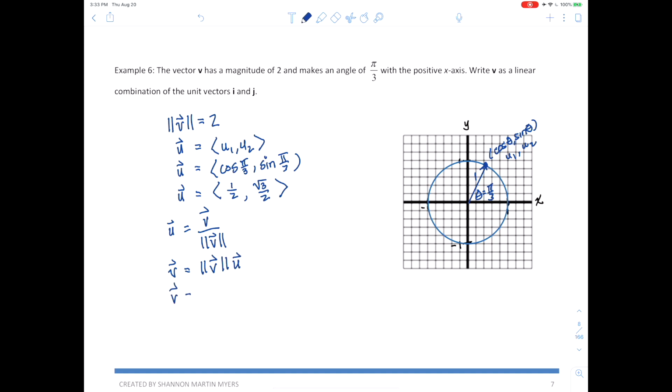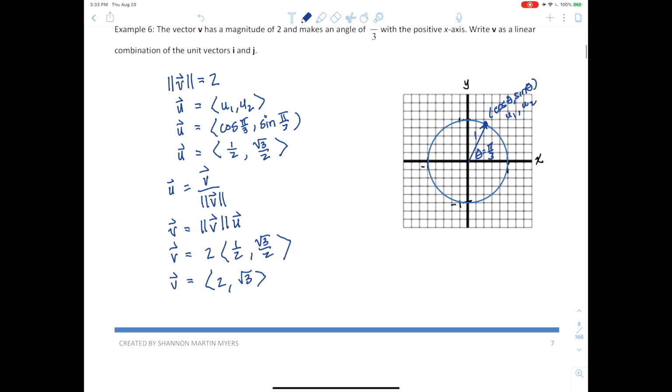So v would be 2, because that's the magnitude of v, times the vector u, which is (1/2, root 3 over 2). So multiplying the 2 through, we get v is (1, root 3). And then putting that in terms of i and j, v would be i plus root 3 j.